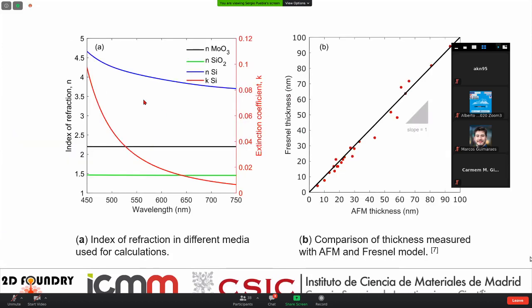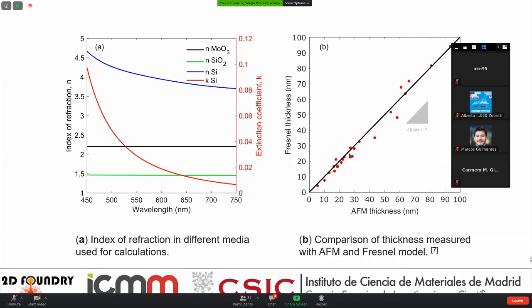These are the indices of refraction and the extinction coefficients that we have used in our calculations. And as you can see, this method to calculate the thickness is reliable, and apart from that it is fast, because the Fresnel thickness calculated with this model and the AFM thickness measurement of the same flakes form almost a slope of one.